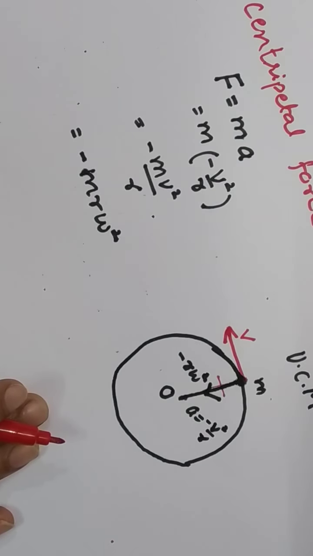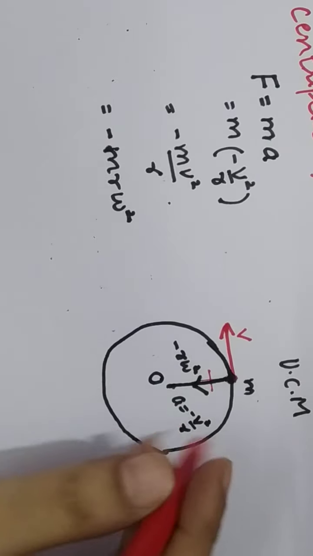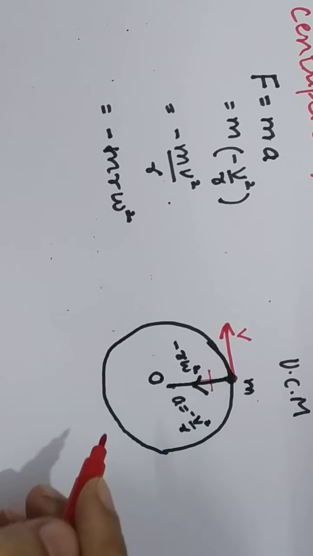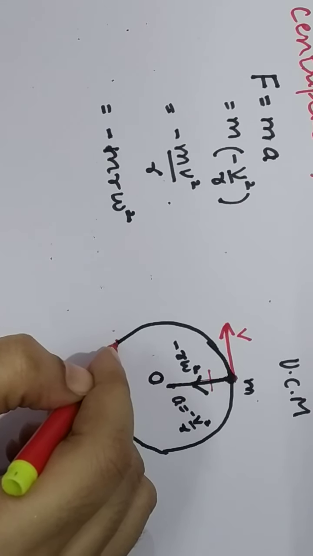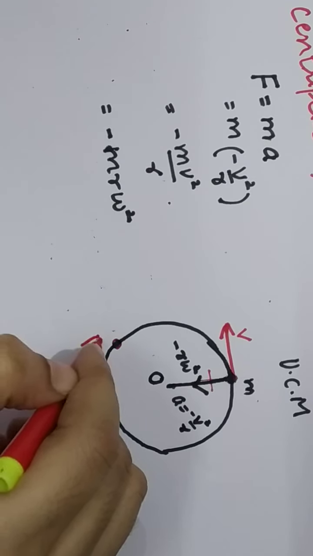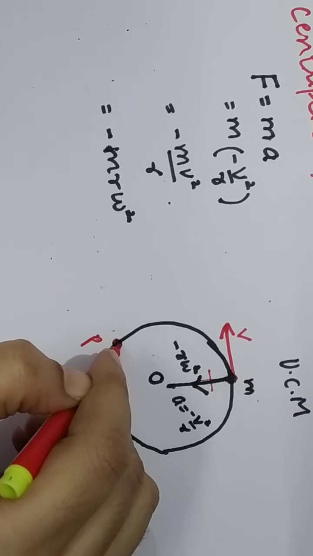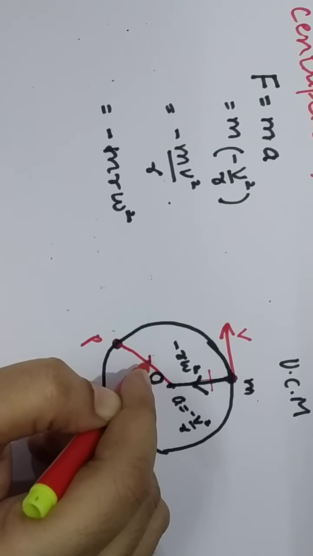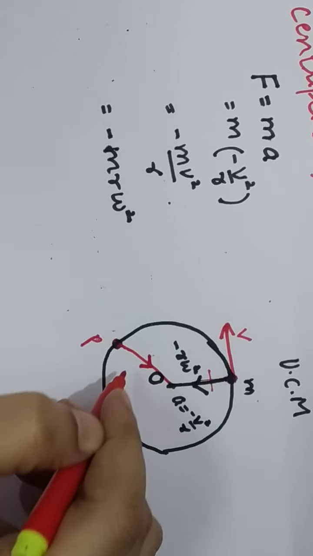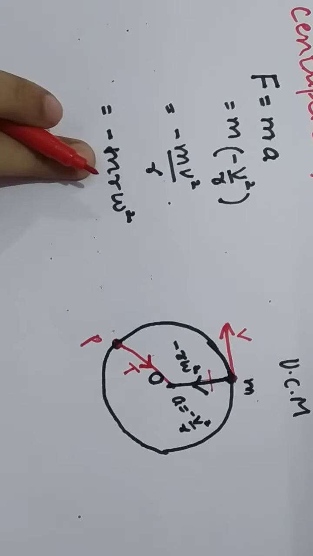You can give various examples. The same example which we have considered here: suppose at the instant the particle is at this point P, the particle is connected with the string. You will feel one type of tension along the string. This tension is going to provide the necessary centripetal force for the circular motion.